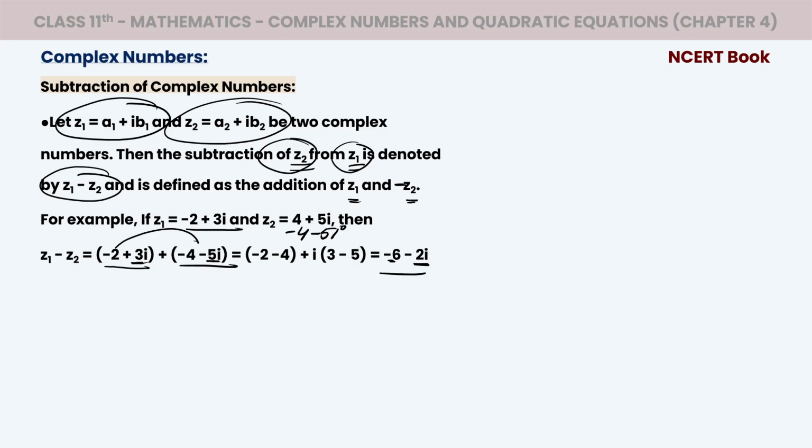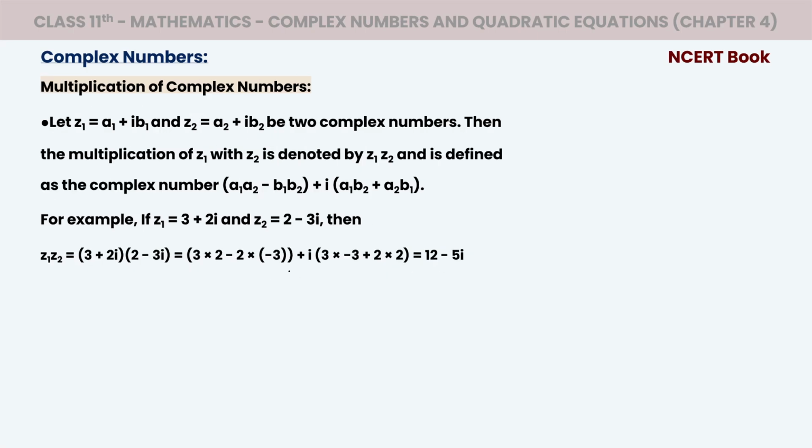So this is how we do the subtraction. You can simply say that from the real value of z1, subtract the real value of z2, and then from the imaginary value of z1, subtract the imaginary value of z2, and then keep the iota as it is. Then that will be the subtraction of two values.